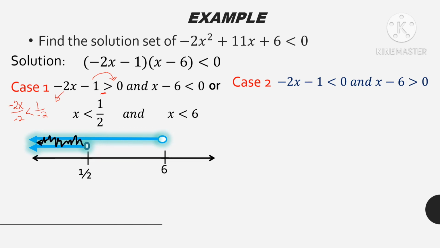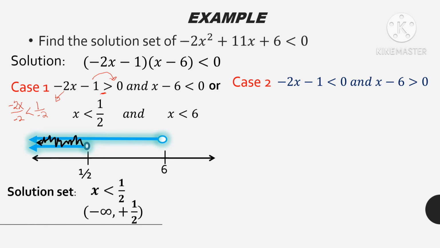So as you look at the graph, it coincides immediately before 1/2. So meaning the solution set of the given, in case number 1 rather, is x less than 1/2. So if you write that in interval notation, we have negative infinity, comma, up to positive 1/2. So that's the solution set.